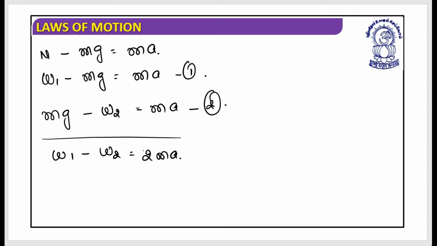I hope this is clear. Great. So now a can be written as weight 1 minus weight 2 divided by 2.